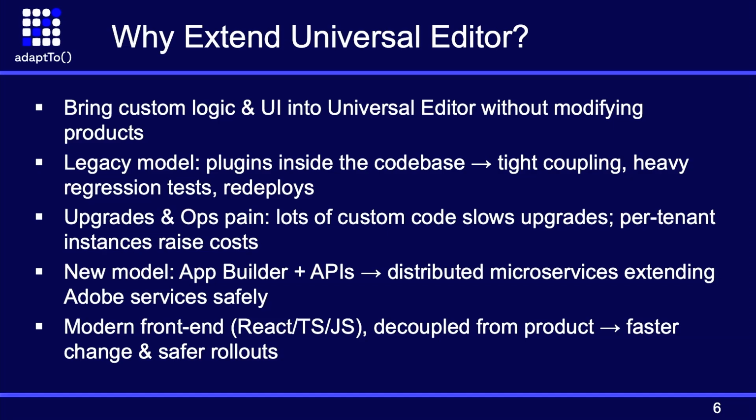This has changed now. The difference is that Adobe gives us a proper way to bring our extensions into the Adobe product platforms without really modifying the product itself. This has a big benefit. Everything that we did before, using the legacy mode, as I call it, using overlays and jQuery, always gave us a headache when we upgraded.